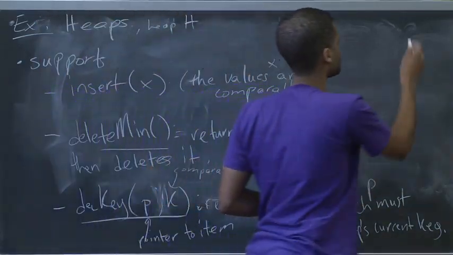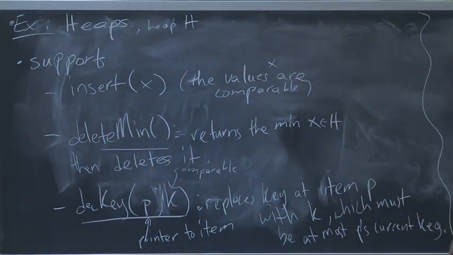So this is just an abstraction of the kind of data structure you would need to implement, for example, Dijkstra's algorithm. If you remember Dijkstra's algorithm, for each vertex, we insert it into a heap with key infinity, except for the thing we're searching for, which we give key 0.